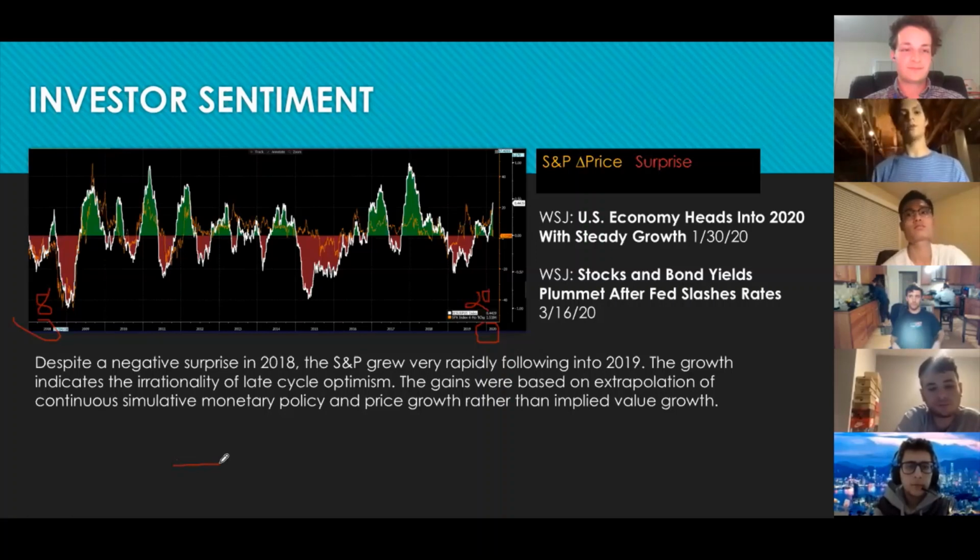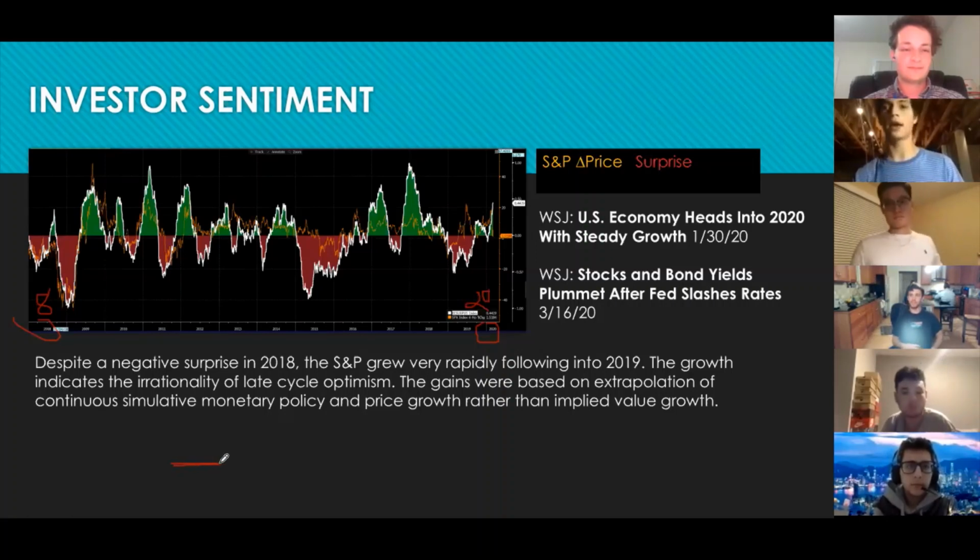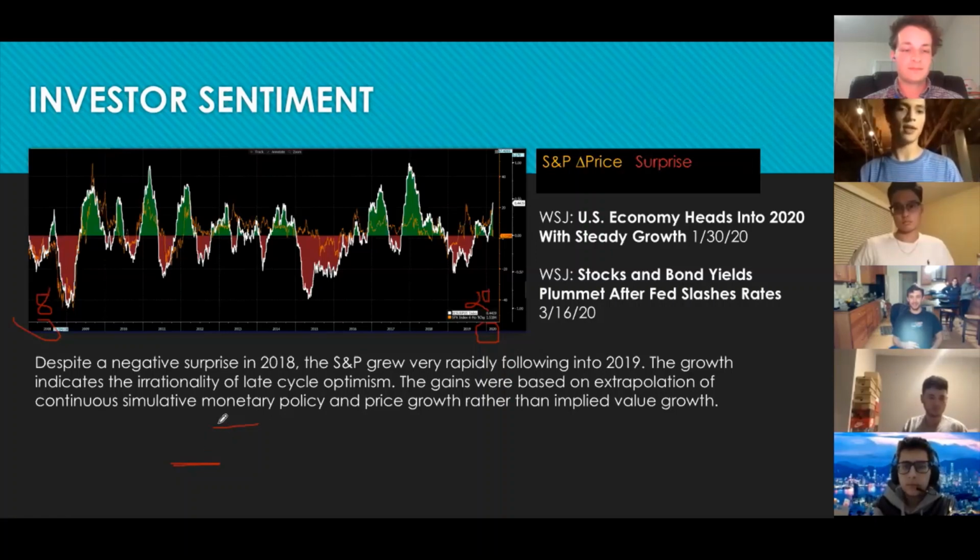Bloomberg gets, if this line represents what economists estimate for the economy, and this line represents the actual numbers that come out, if the actual numbers end up being better than what economists estimate, then there's a positive surprise. If they end up being below, then there's a negative surprise and it's colored red. And if it's positive, it's colored green.